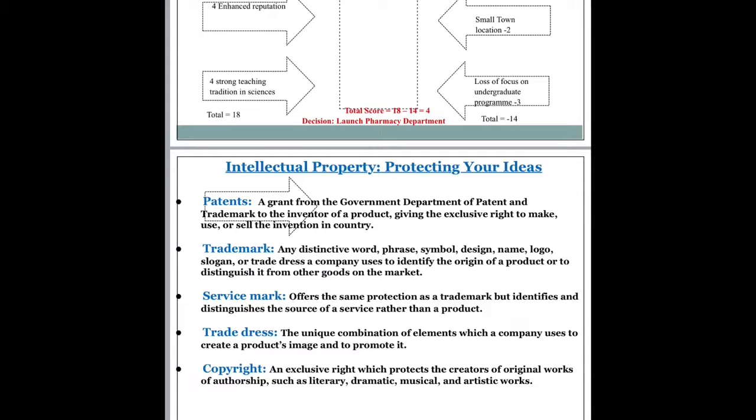After trademark, there is another thing, that is service mark. It offers the same protection as a trademark but identifies and distinguishes the source of a service rather than a product. For example, TCS, DHL, FedEx.